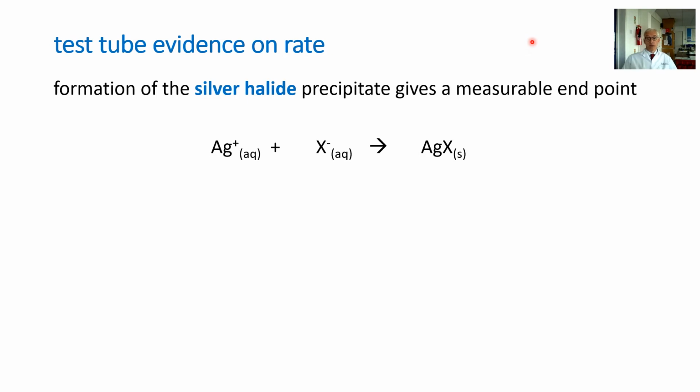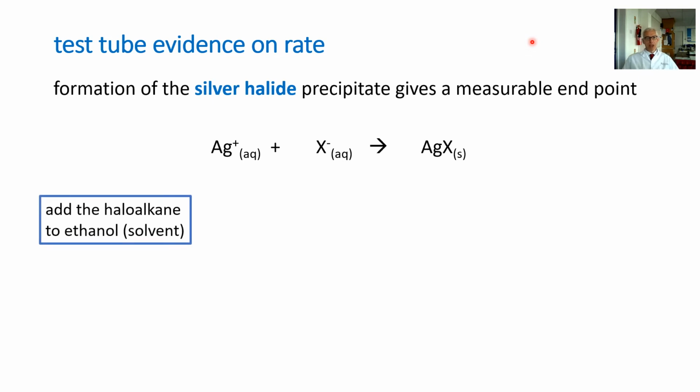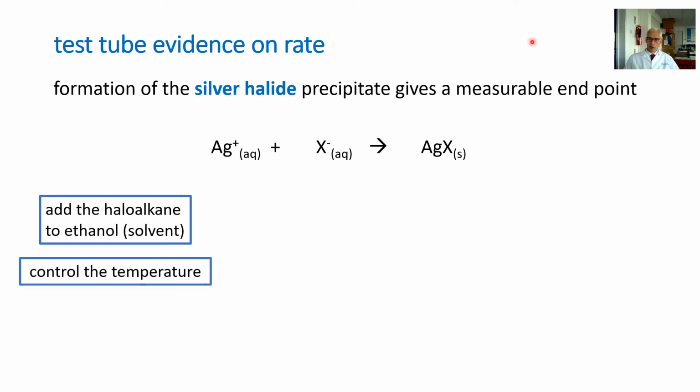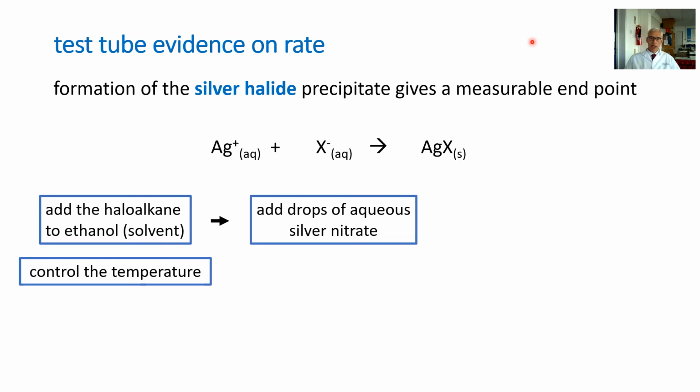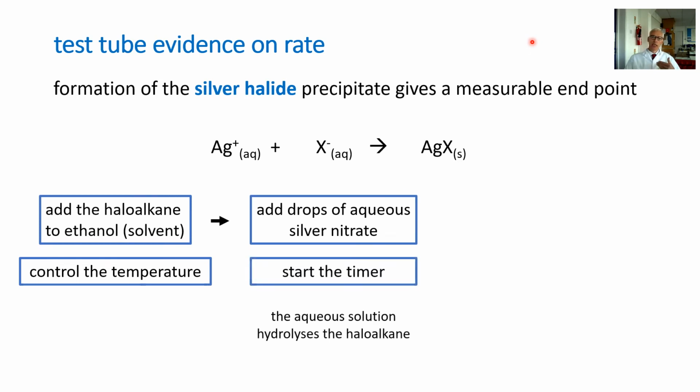In the halogens topic, you will look at the different colours, but I'm going to move on from that. So the method would be that you add the haloalkane to a suitable solvent, ethanol, a universal solvent, and you control the temperature, probably in a water bath. You add drops of aqueous silver nitrate and you start a timer.